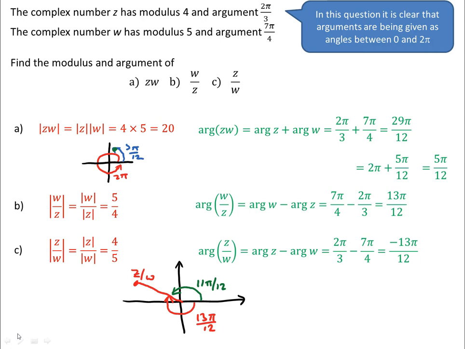And going 13 pi by 12 in a clockwise direction is the same thing as going 11 pi by 12 in an anti-clockwise direction. So the argument of z over w can be written as 11 pi by 12.